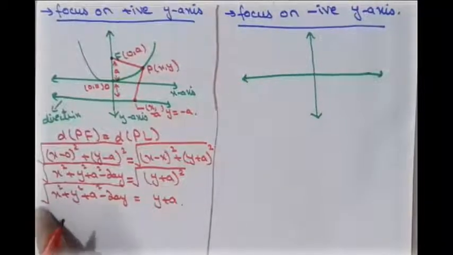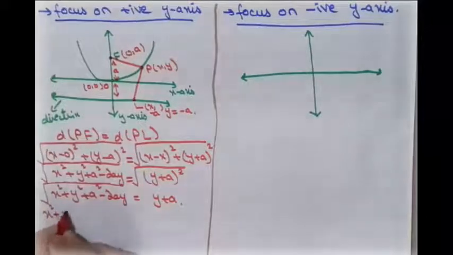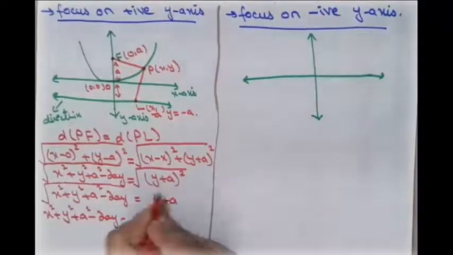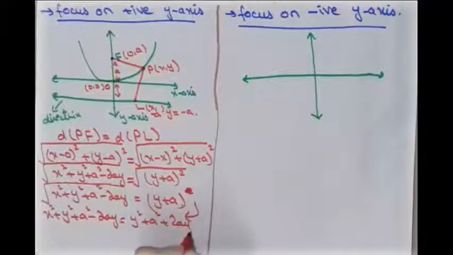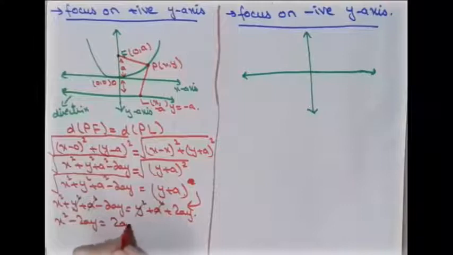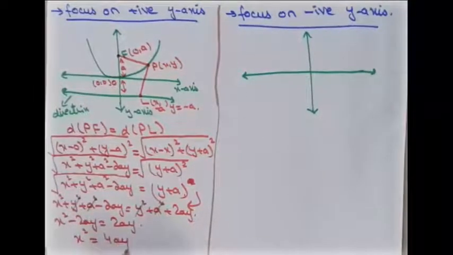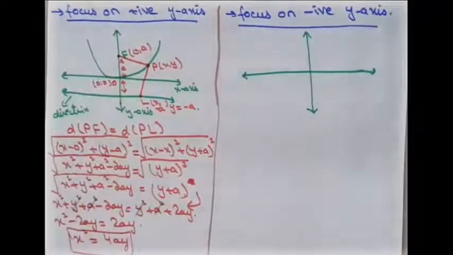To get rid of the root, taking the squares on both sides, we get y squared plus a squared plus 2ay, so x squared minus 2ay equals 2ay, and finally x squared equals 4ay. This is the standard equation of a parabola when the focus is on the positive side of the y-axis.